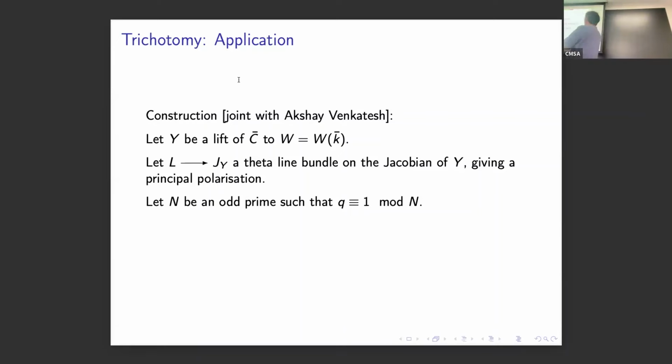Now q, remember, was the cardinality of K. We're also going to choose an odd prime, which I just called N, such that q is congruent to 1 mod N. What this means, of course, is that F_q should contain the Nth roots of unity.